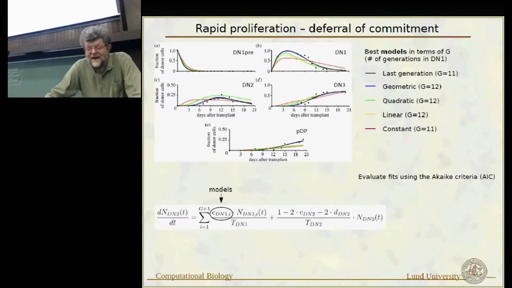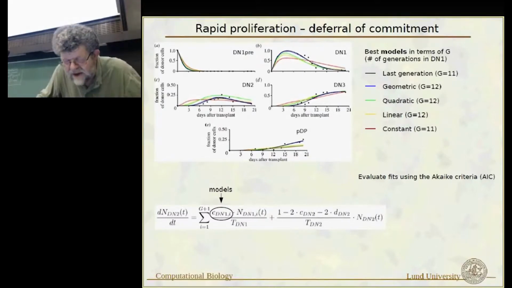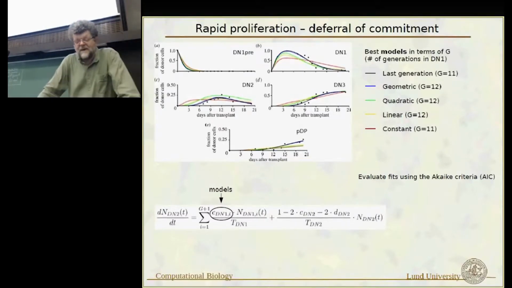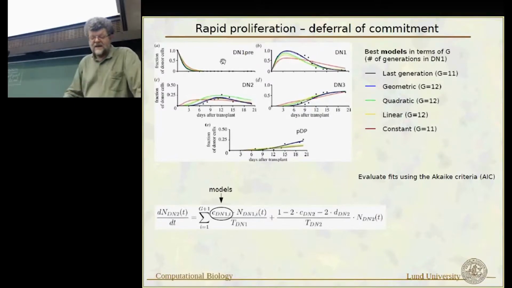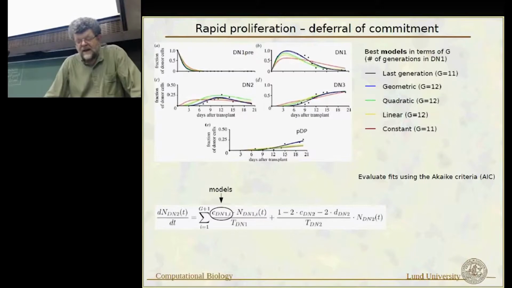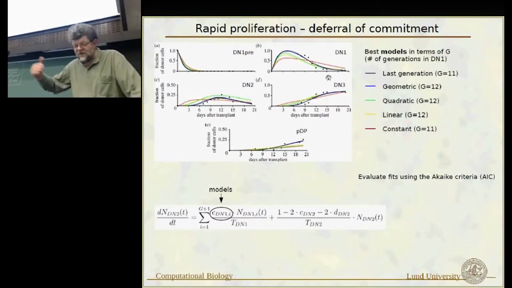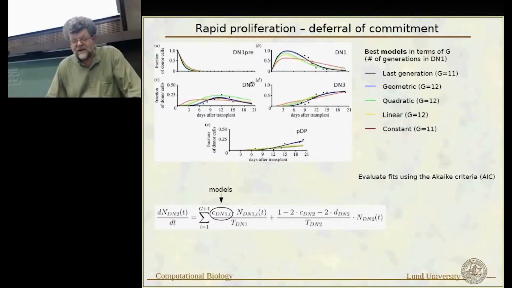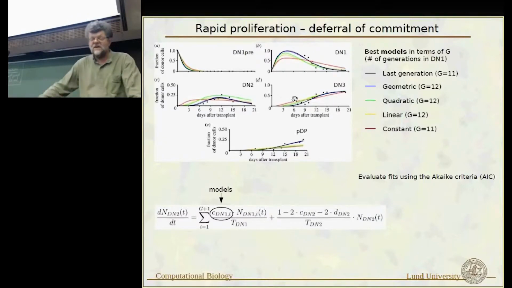So we have the data, and actually they go beyond 14, but that doesn't matter. You can see that whatever you inject, it goes down. The DN1 also goes down because it's going to commit to DN2, which goes up, and DN3 is further down the line.